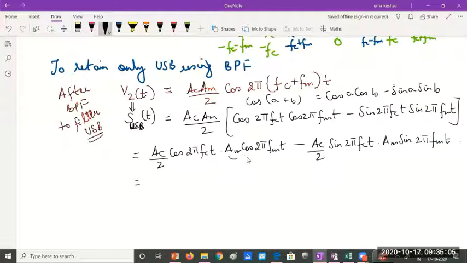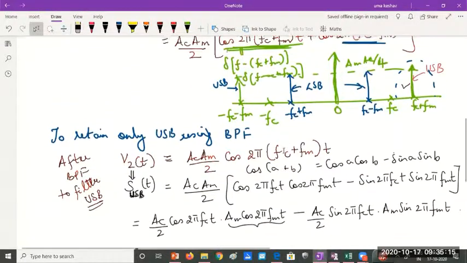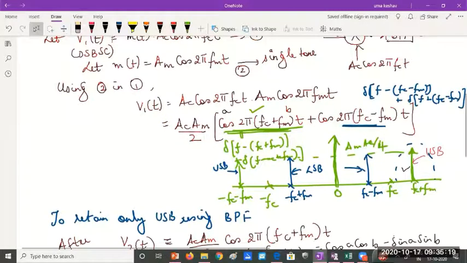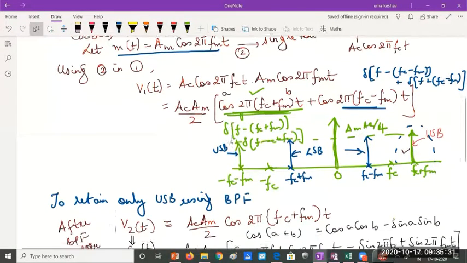So, can you tell me what did we call Am cos 2 pi Fm t as? It is nothing but the actual message m of t. Yes or no? See, we said let m of t be represented like this. So, I'll replace Am cos 2 pi Fm t with m of t. Can I do that? It's nothing but the message.